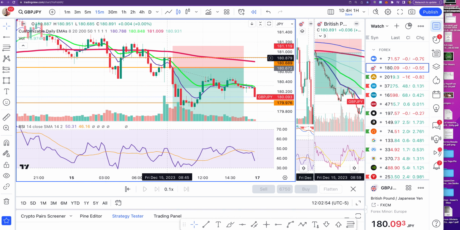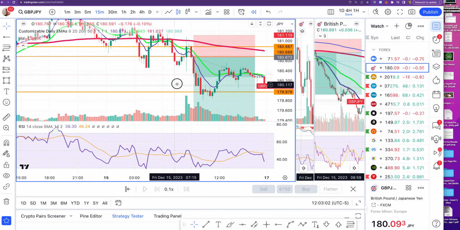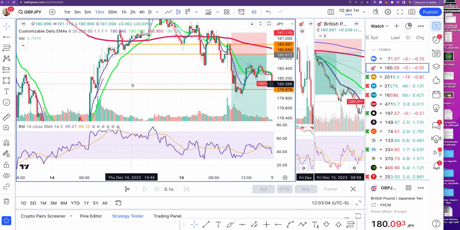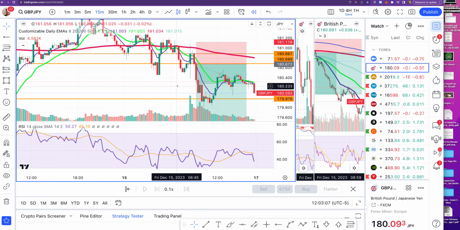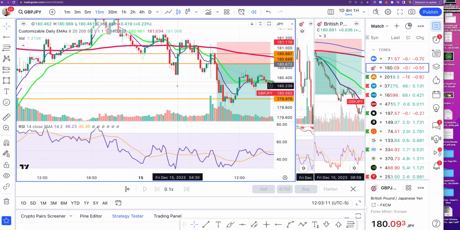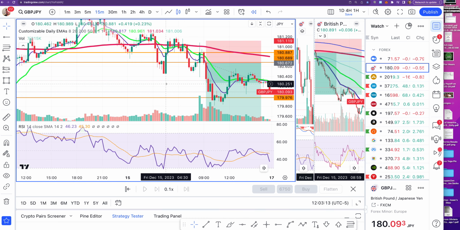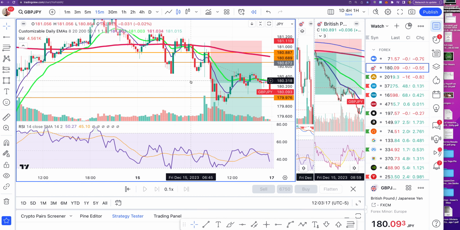The dragonfly doji represents the reversal area. This 15-minute candle confirmed the reversal, and this 15-minute pivot was your target area. Okay, so find the levels on the 1 hour, trade the trades on the 15-minute, and use your pivots as support and resistance and entries and targets.